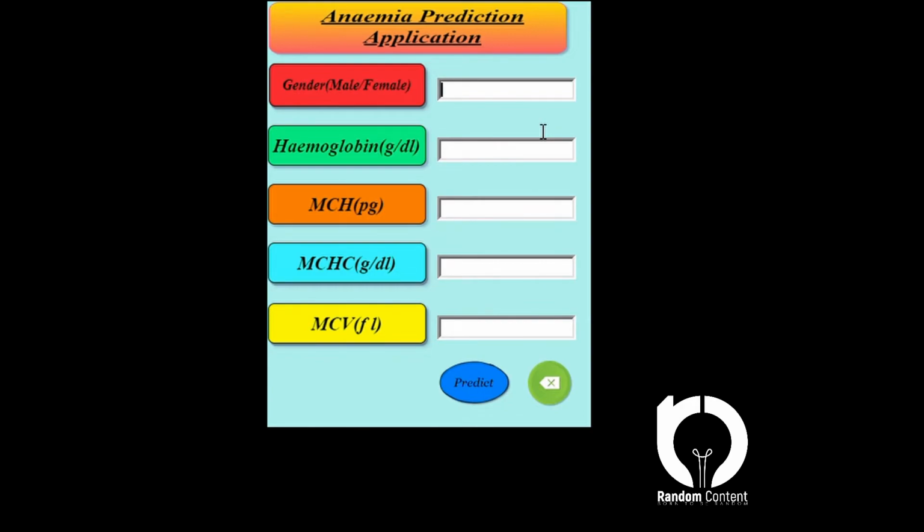And for example, for a person who may be anemic, I'll show you an example. Gender as female, hemoglobin as 10.4, mean corpuscle hemoglobin as 27.1, mean corpuscle hemoglobin concentration as 29.8, and mean cell volume as 75.2.